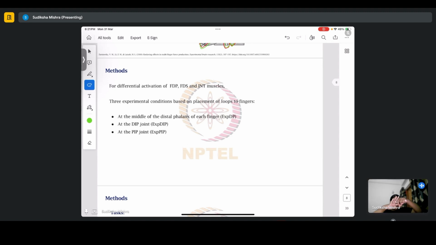These loops were placed either at the proximal interphalangeal joint, the distal interphalangeal joint, or at the middle of the distal phalanx of each finger, a condition known as experimental DP.